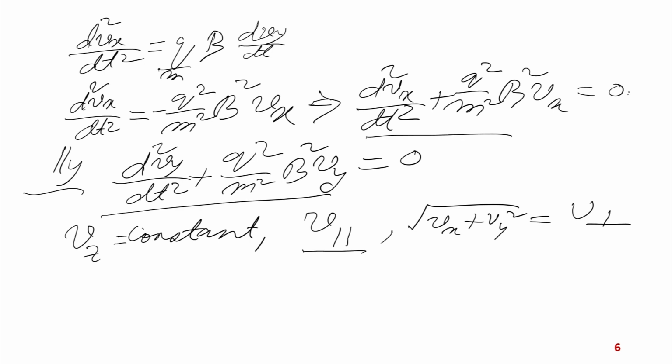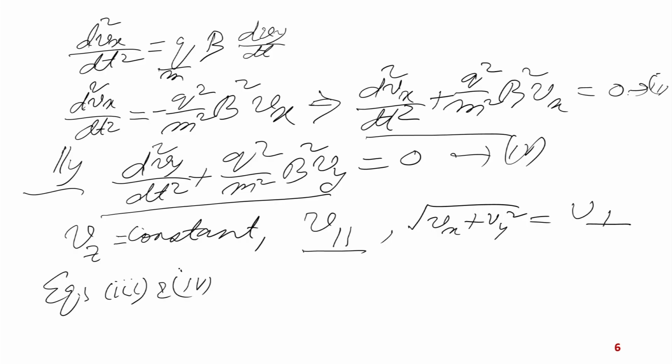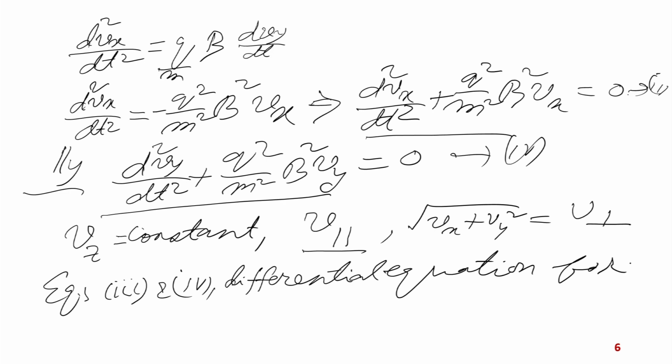I will call them equation number 3 and equation number 4. Equations 3 and 4 represent the differential equations for a simple harmonic motion.